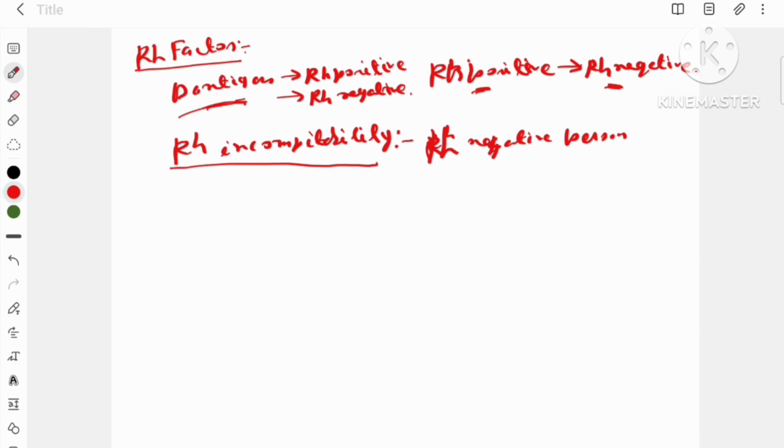Now there is a transfusion reaction named hemolytic disease of newborn.